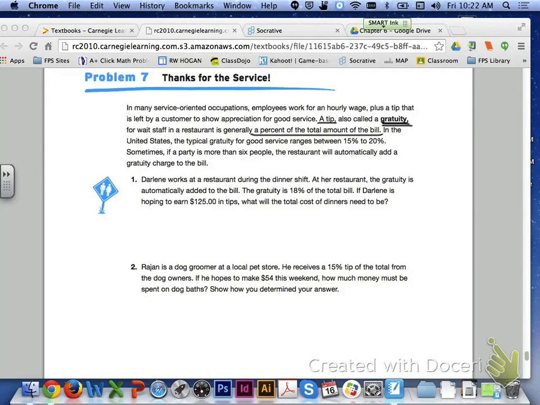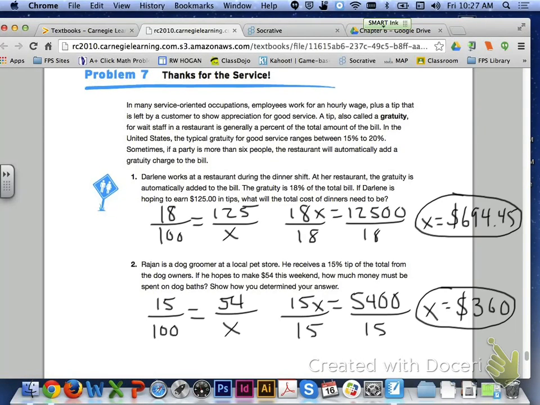So what I would like you to do to finish up the lesson for today is answer questions 1 and 2 for problem 7. If we take a look at number 1, Darlene works at a restaurant during the dinner shift. At her restaurant, the gratuity is automatically added to the bill. The gratuity is 18% of the total bill.